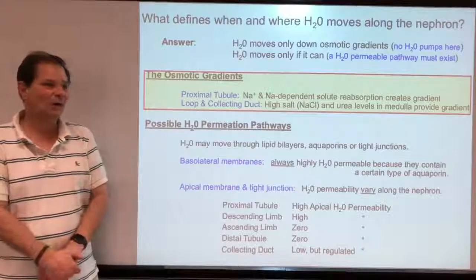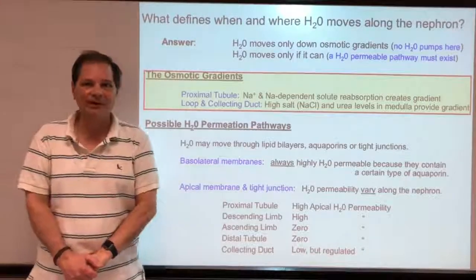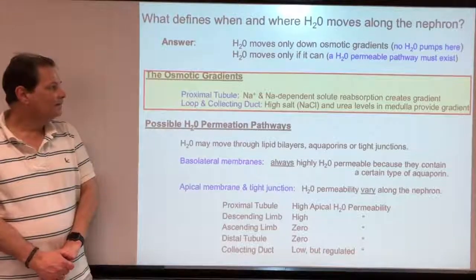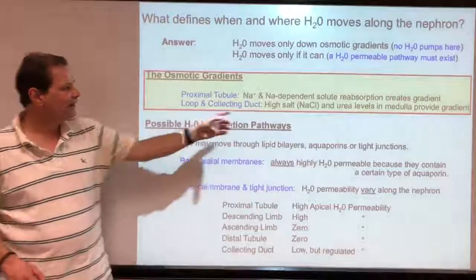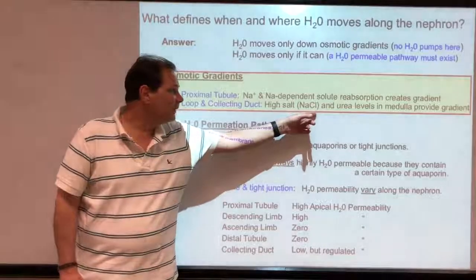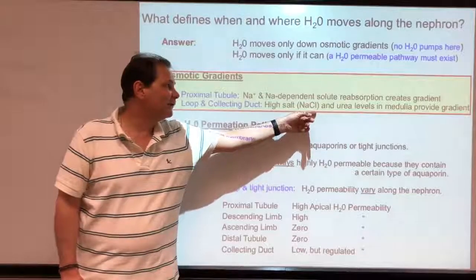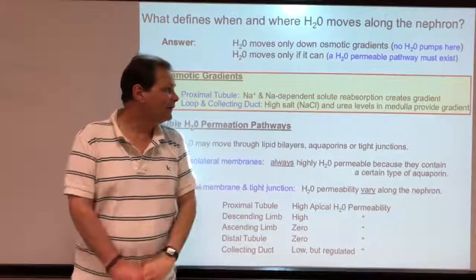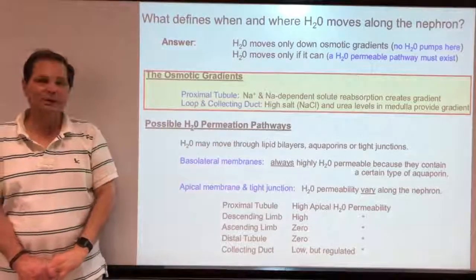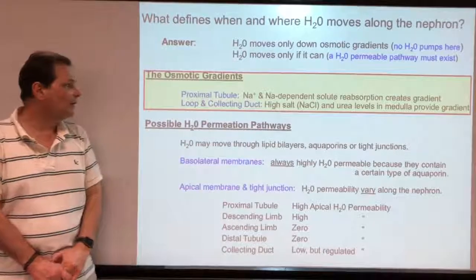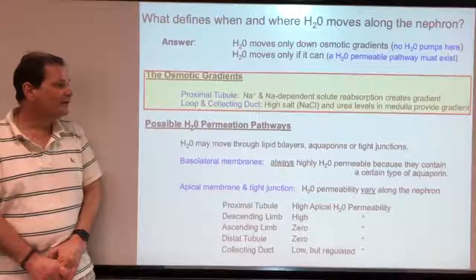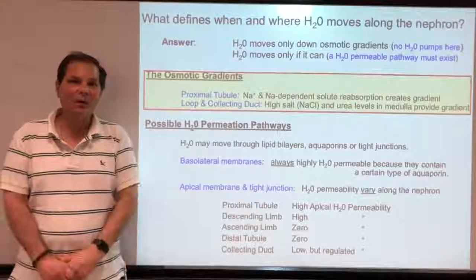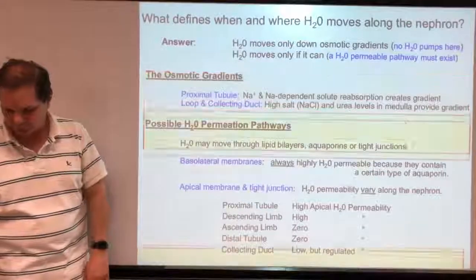You can't have a water gradient with a very permeable membrane like that, okay? And then in the collecting duct, the gradient is created by the high sodium and high urea in the medulla, okay? So this is what powers our water transport there.